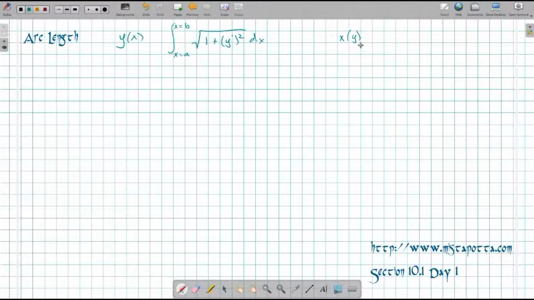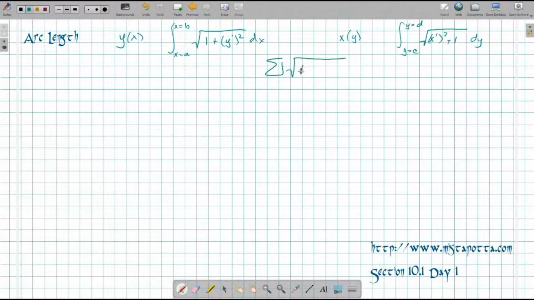And we also talked briefly about what happens when we're looking at x as a function of y. In other words, if I'm dealing with the inverse. So the arc length ends up being from y equals some value c to y equals some value d, the integral of the square root of x prime squared plus 1 dy.